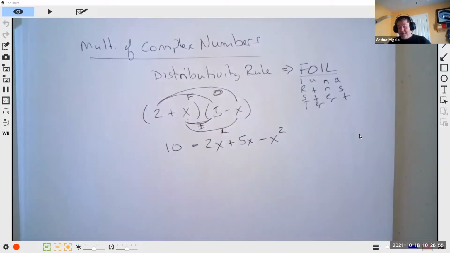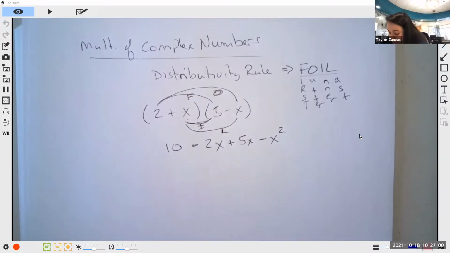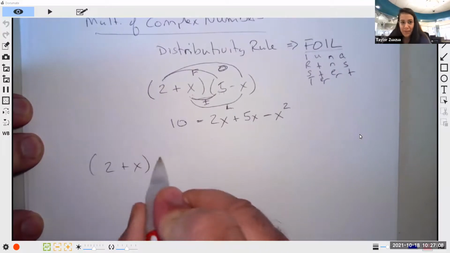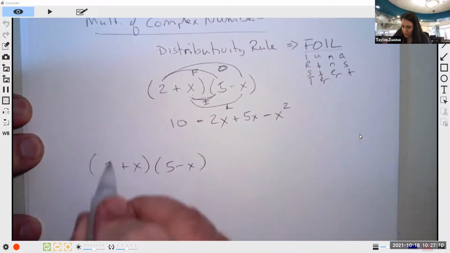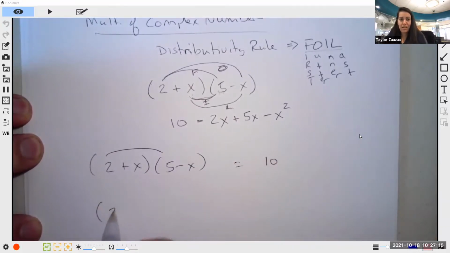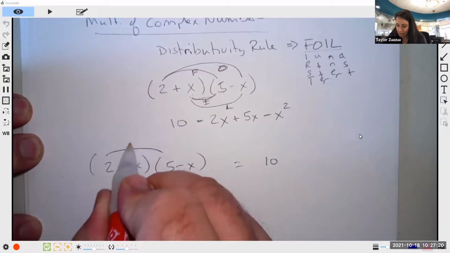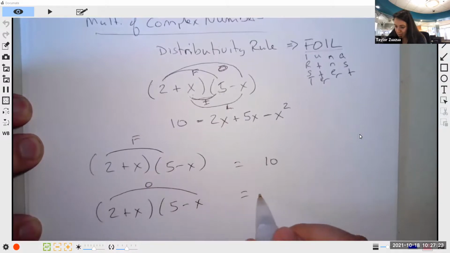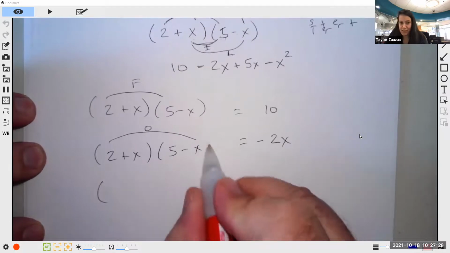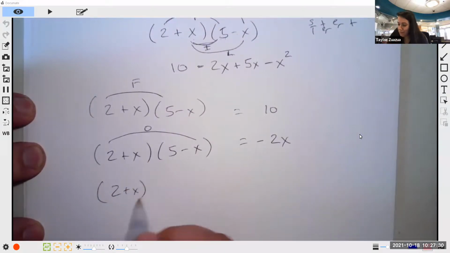I know what you're talking about because those lines everywhere can easily get crunched. So it's 2 plus x, 5 minus x, and then your first line was 2 times 5, which was 10. And then the outer, 2 times x, so that was F, O, minus 2x. And then it went to 5x.